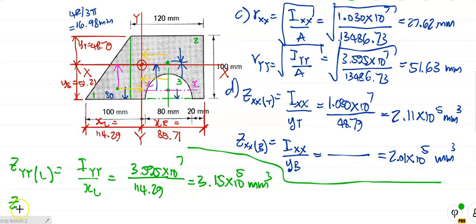So ZYY, but more specifically to do with X right, is equal to IYY over X right. It's getting a bit sloppy here. Put in the line, work all the bits out.